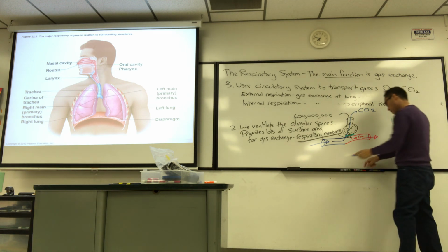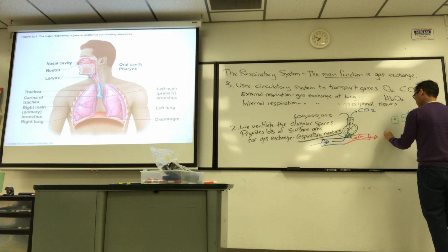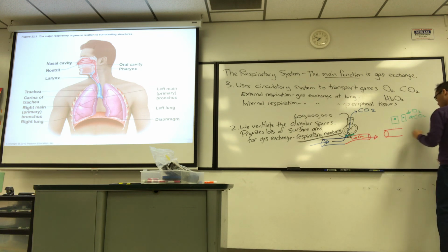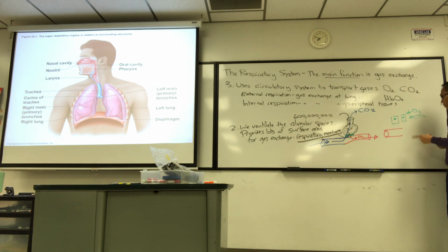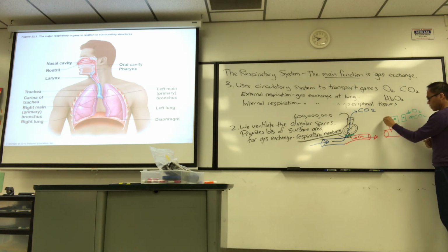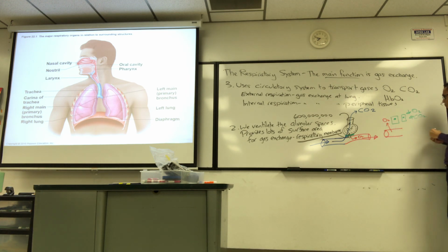So then blood coming in, the gradient is such that O2 will now leave the blood, right? And it'll pick up the CO2. It's a gas exchange. It's just gas molecules following their concentration gradients.